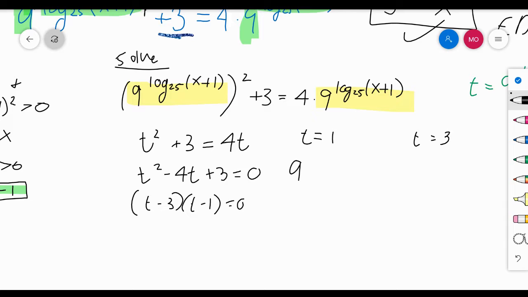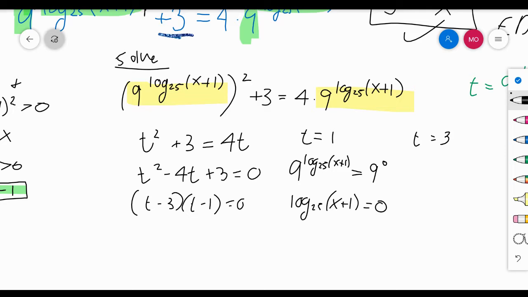So we had 9 to the power of log base 25 of x plus 1, and that's equal to 1. 1 is the same as 9 to the power of 0. So it means that log base 25 of x plus 1 equals 0.